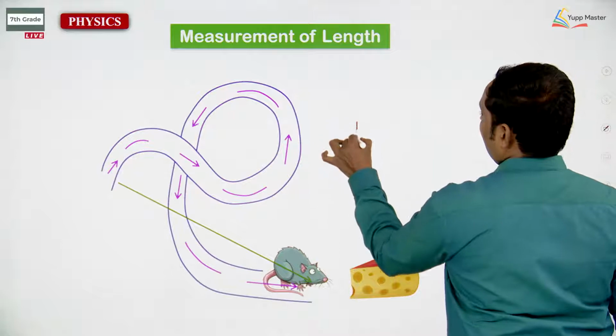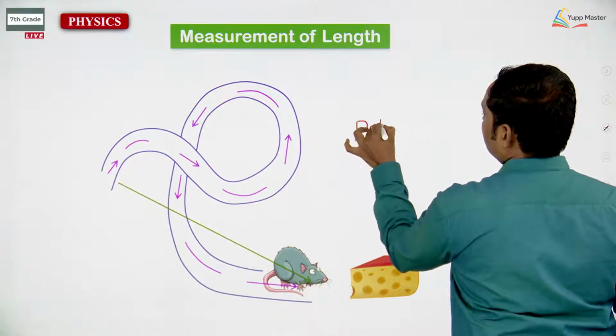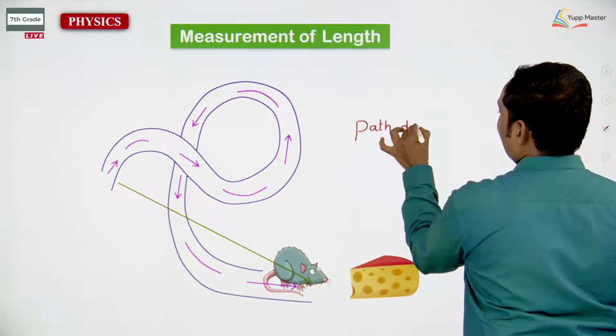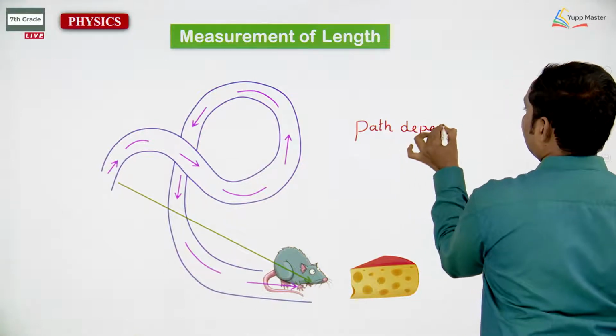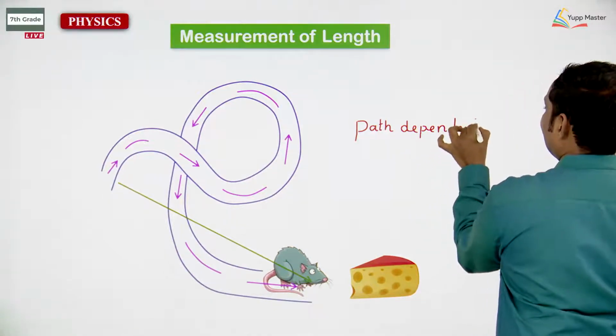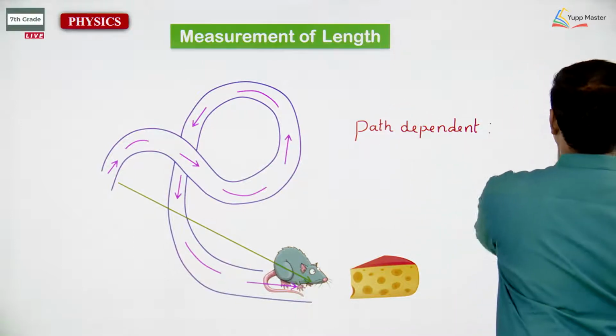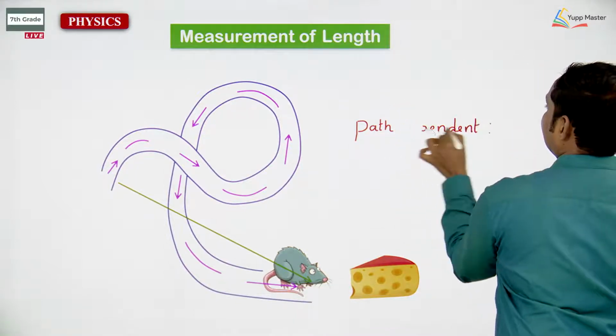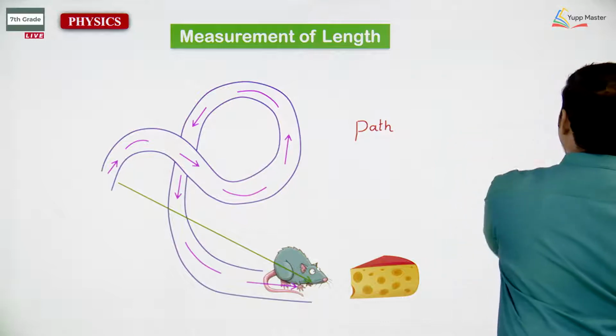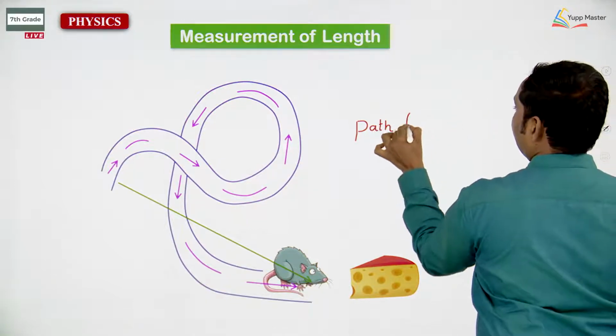Here you have to talk about path dependent and path independent. We have to take path independent.